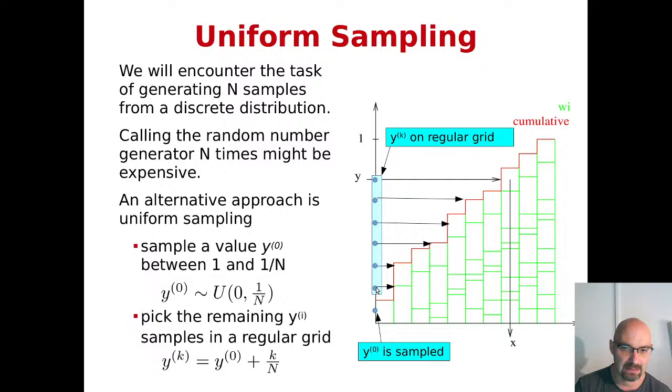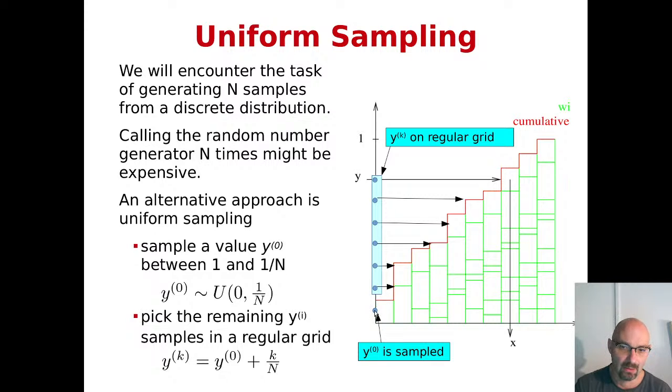And then y0 plus 2 over n. The third sample, y0 plus 3 over n. And so on and so forth. So in this way, you basically generate the samples on the y-axis instead of calling the random number generator. You generate the first one randomly and all others systematically starting from the first value. Now, for each of these values, you pick up the element of the cumulative distribution that corresponds to the drawn value.